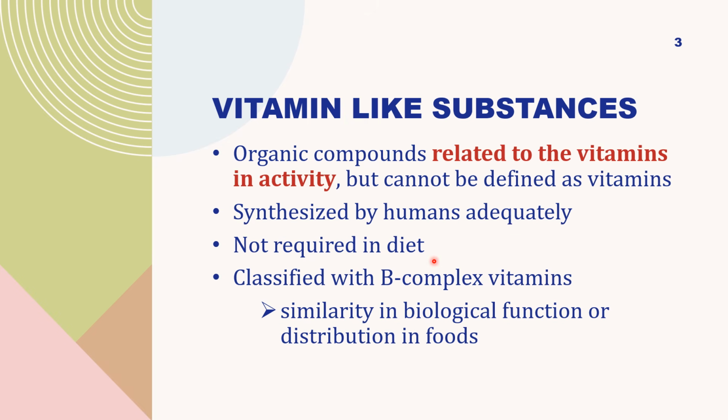So they are not required in the diet. One of the criteria for a vitamin is that it is a micronutrient which should be needed in the diet. But these vitamin-like substances mostly will be synthesized by humans adequately. They are not required in the diet. Only in special or certain disease conditions, we will give them as supplements.